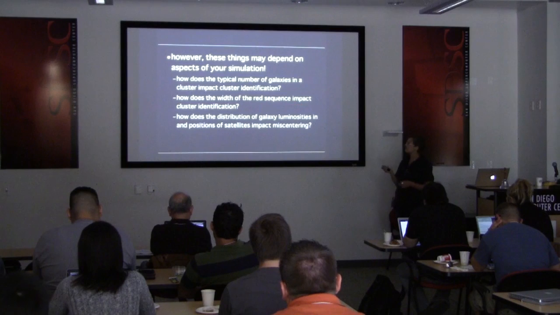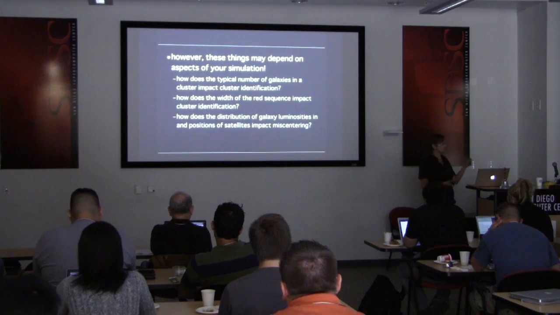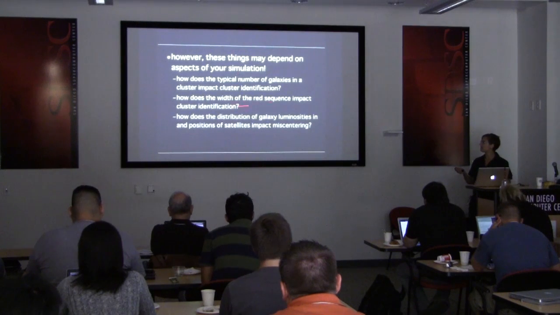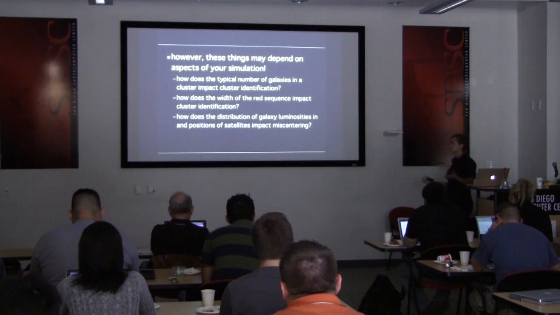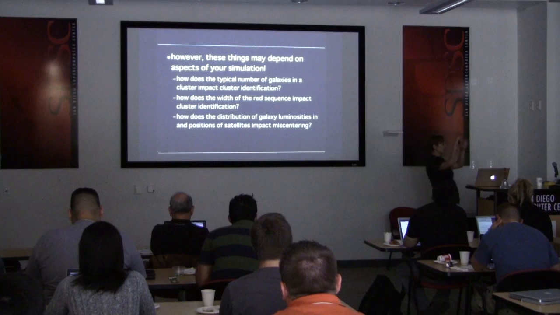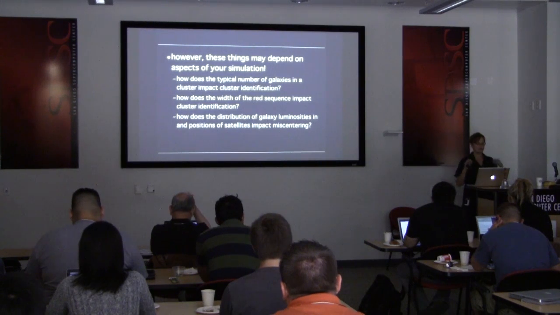The width of the red sequence is a key thing that goes into this kind of calibration, and we need to understand how that width impacts cluster identification. Another example is, how does the distribution of luminosities in galaxies impact the miscentering probabilities?